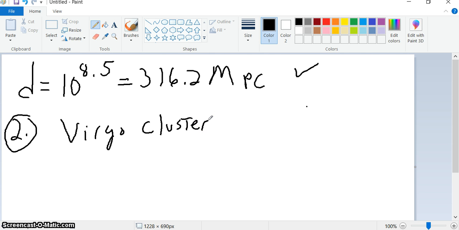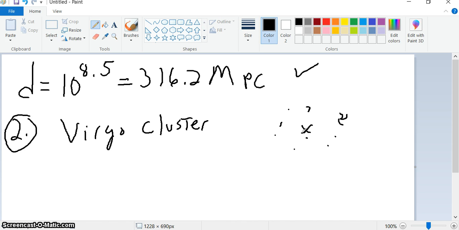So there's a whole bunch of galaxies, like a little spiral one and stuff. And so basically, remember, the Virgo cluster has something like 1,500 galaxies. So basically we're finding the distance to the middle of the Virgo cluster.